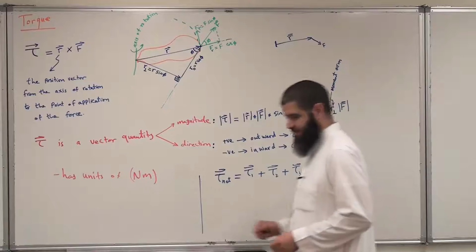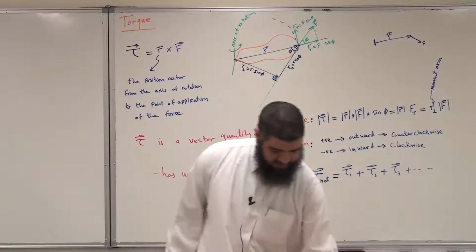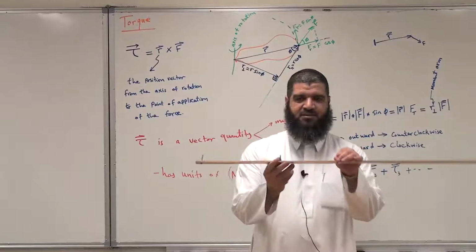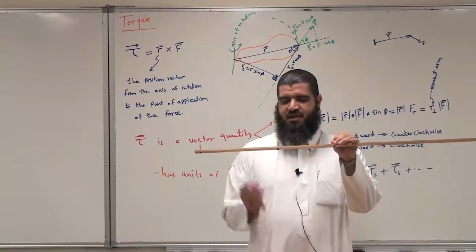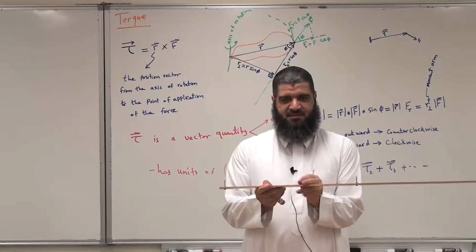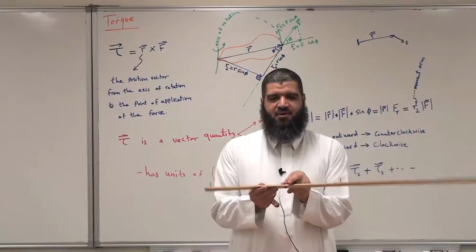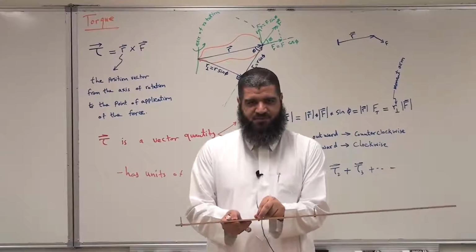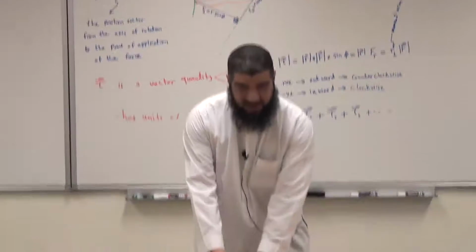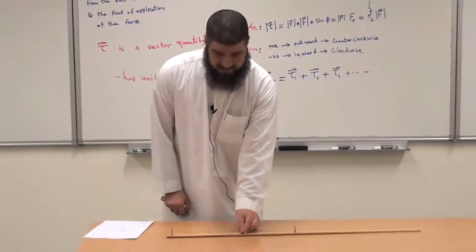Let me take a simple example to explain this. I'll have an example related to this meter stick, and the meter stick we will pin, or pivot. Pivot means the point which is fixed and our object is rotating around it. So here I'll have the meter stick.